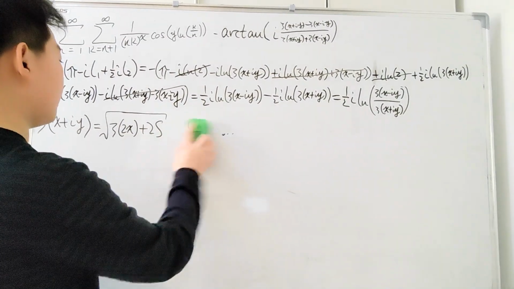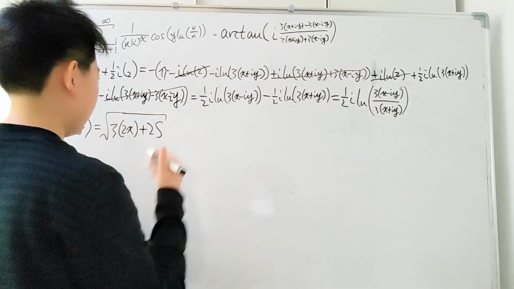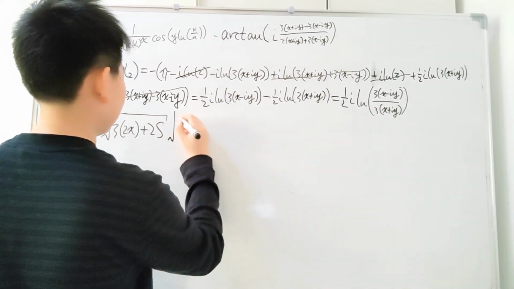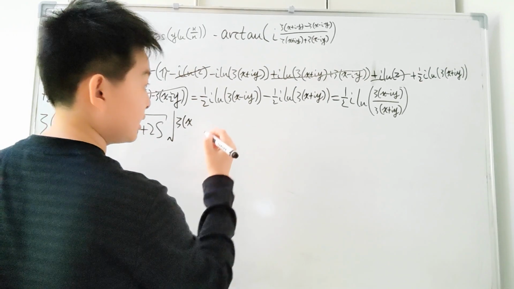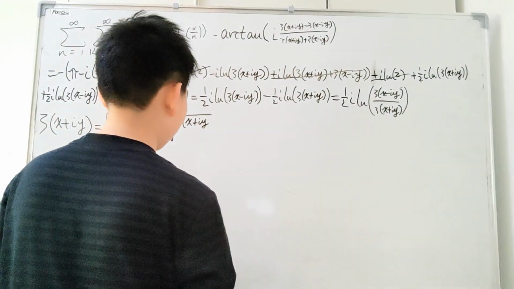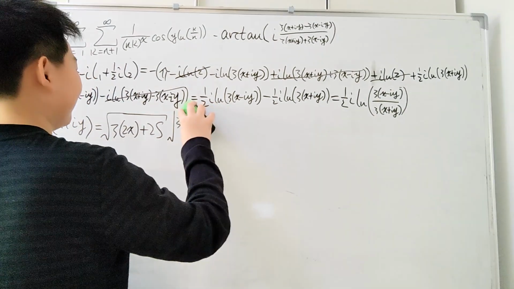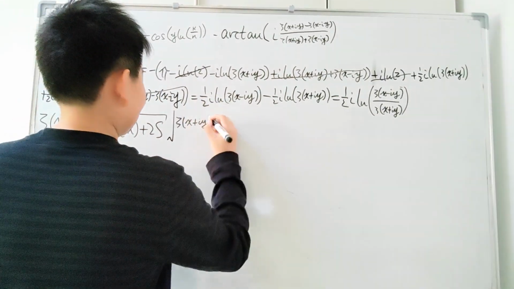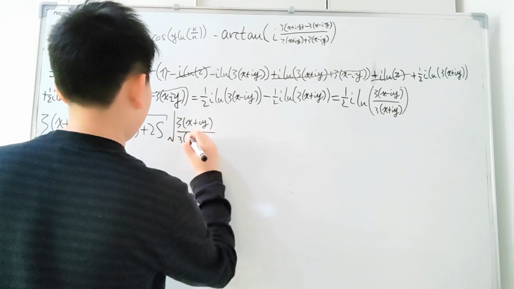So, oh boy. We have the square root of zeta of x plus iy over zeta of x minus iy.